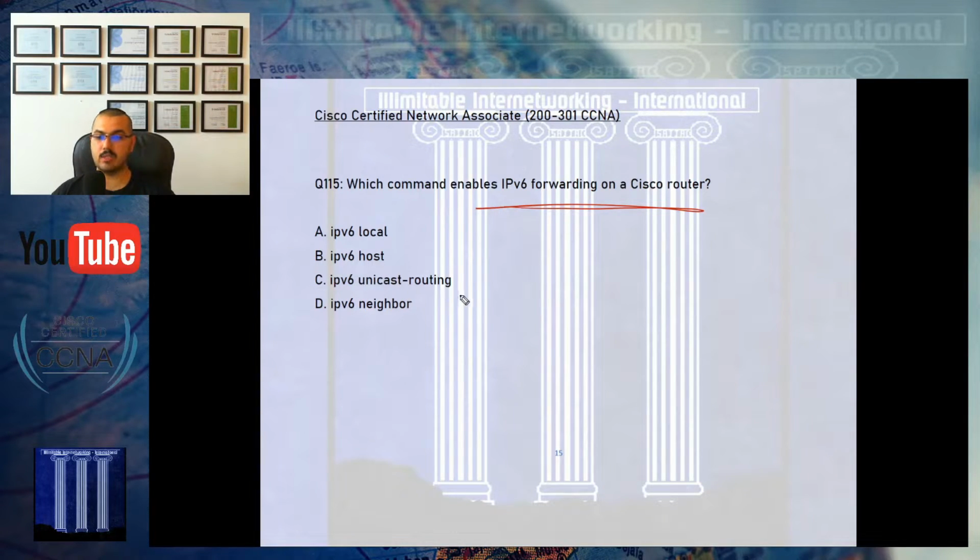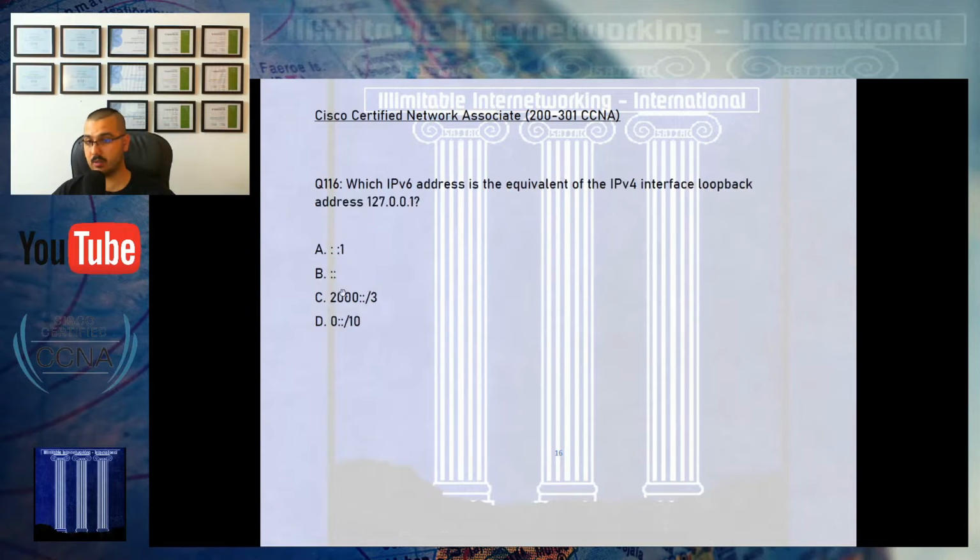So that will be ipv6 unicast-routing. This command must be enabled. After that, you'll start enabling OSPFv3, EIGRPv6, BGPv6, and definitely IPv6 static routes. Too much IPv6.